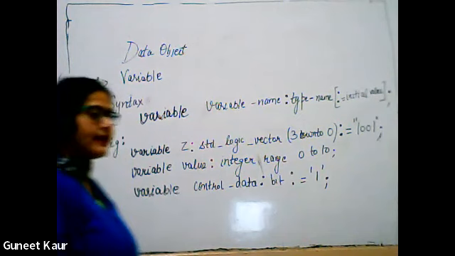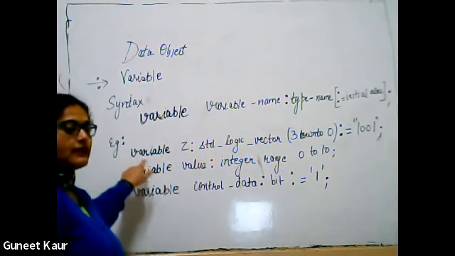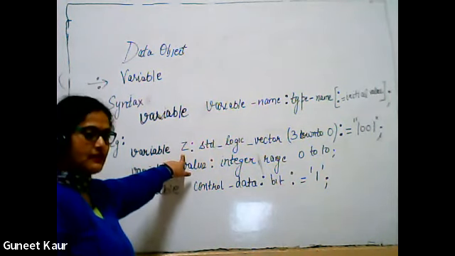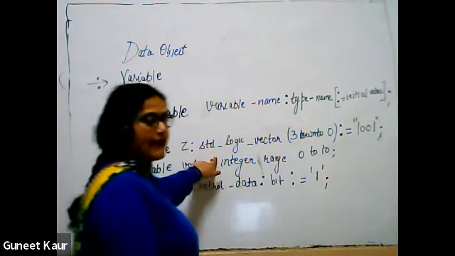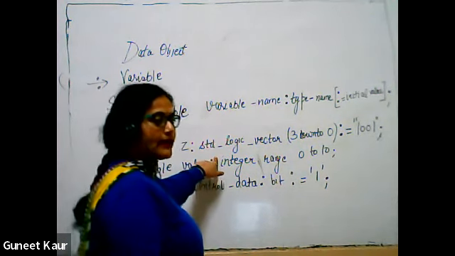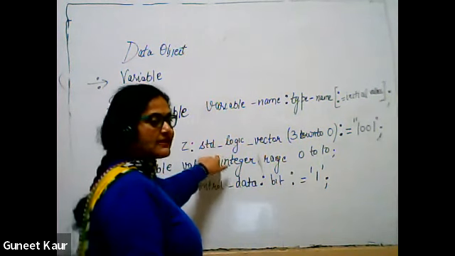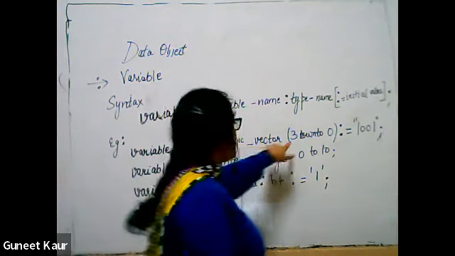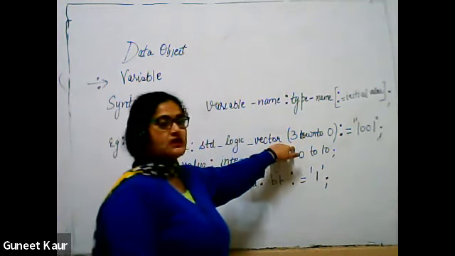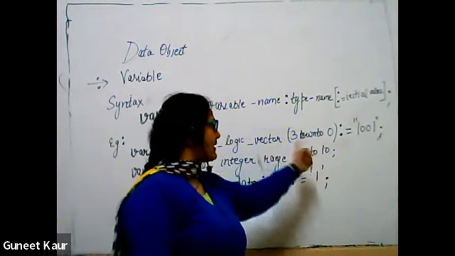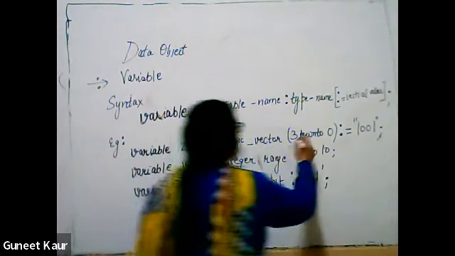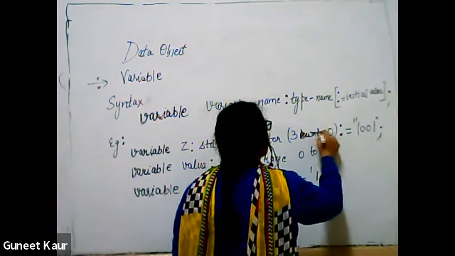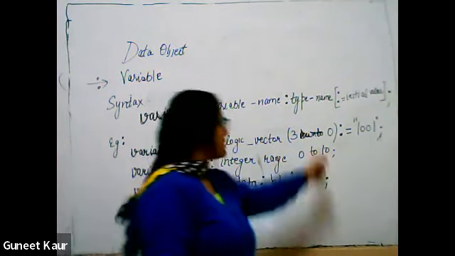The first example is the variable keyword, a reserved keyword. The name of the variable is z, colon. The type of this variable is std_logic_vector, a vector type, and the initial value is given in round brackets: (3 downto 0). Downto should be highlighted, since it is also a reserved keyword.